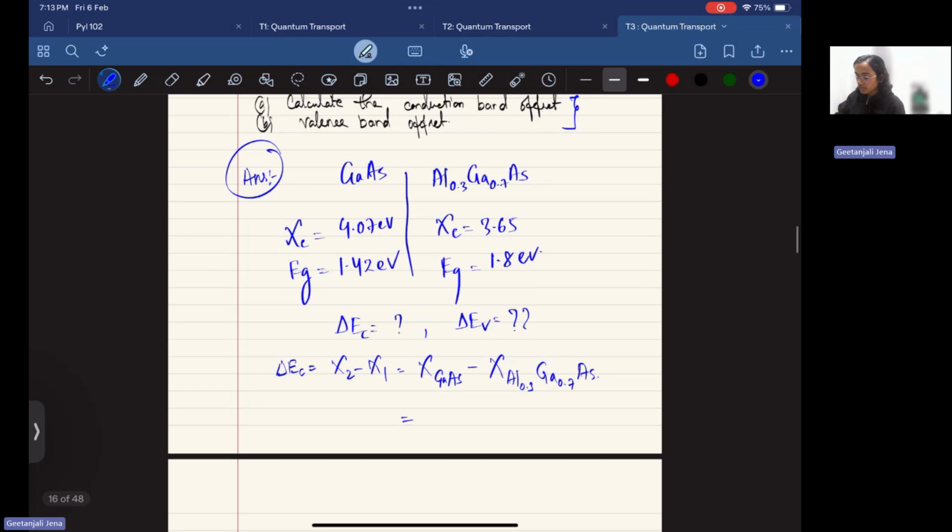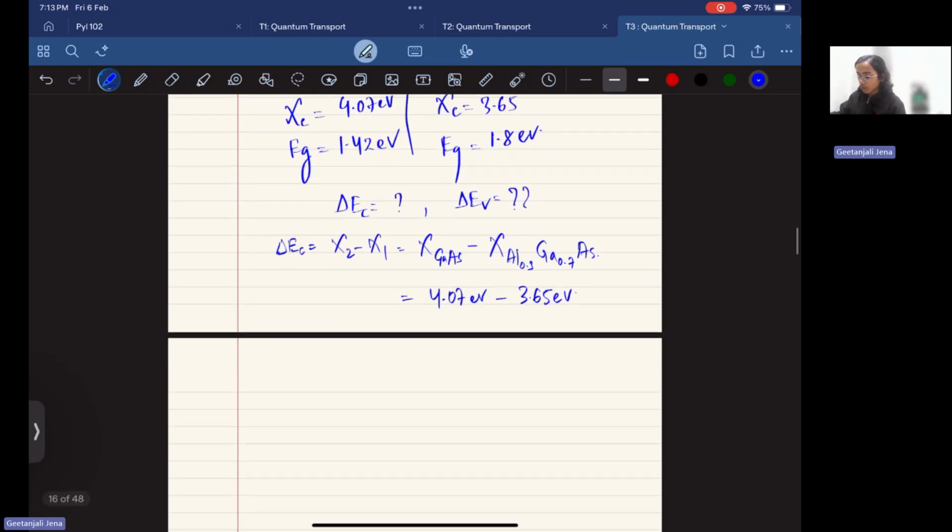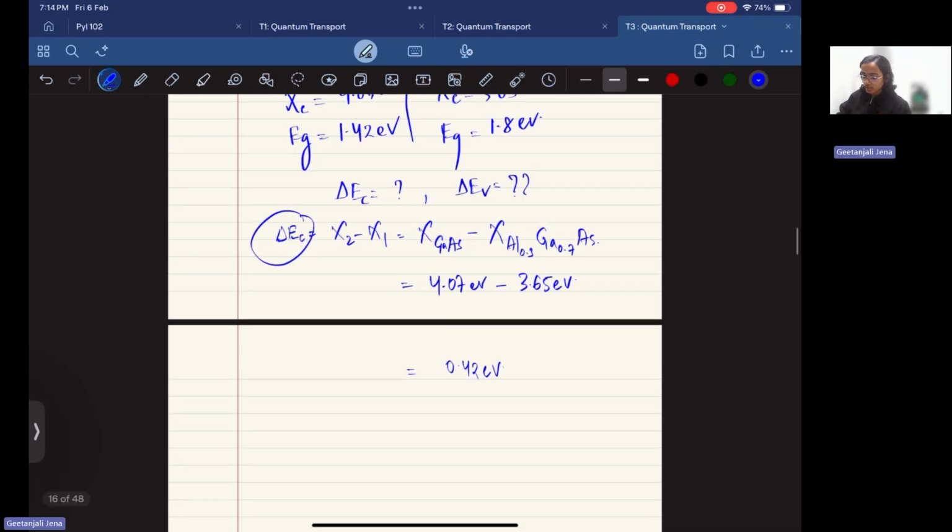For gallium arsenide, this is 4.07 electron volt, and for AlGaAs, we have 3.65 electron volt. So the offset in the conduction band, where the band will bend, will be 0.42 electron volt. This is the conduction band offset.